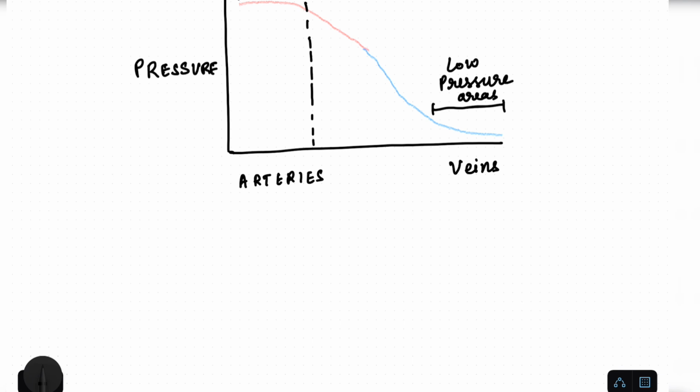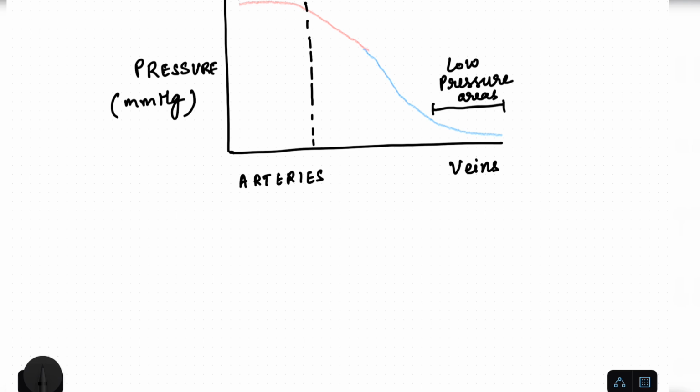As I already told you about arterial blood pressure, it is of two types, systole and diastole. The systolic blood pressure can be from 100 to 140 mmHg. The diastolic arterial blood pressure can be from 60 to 90 mmHg.